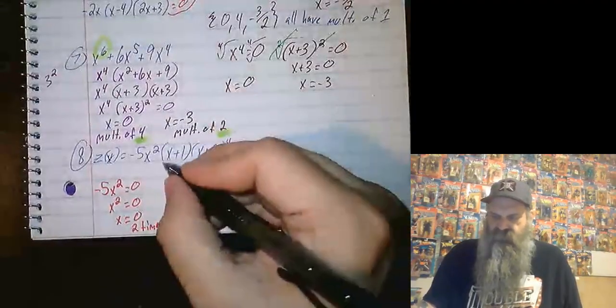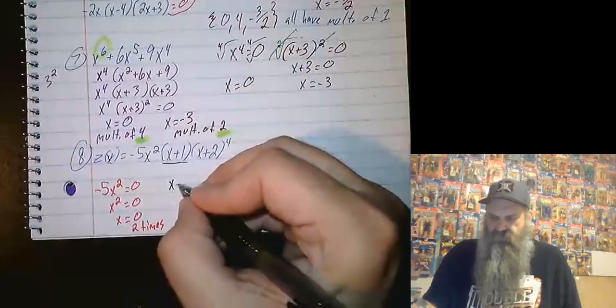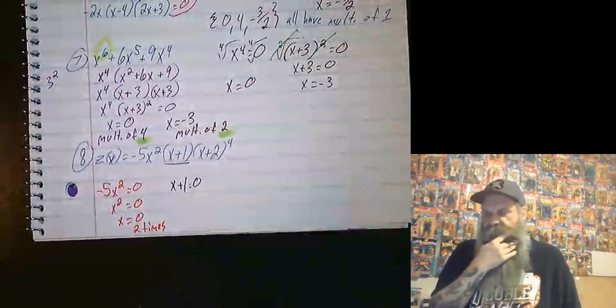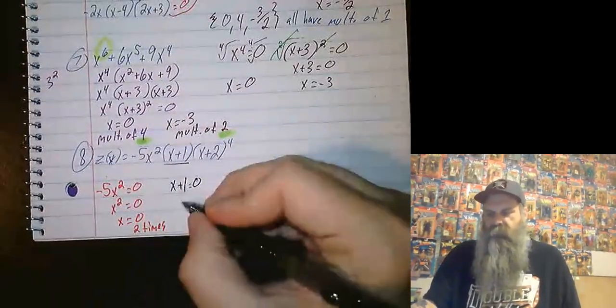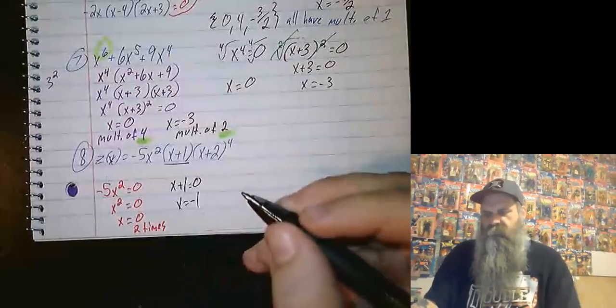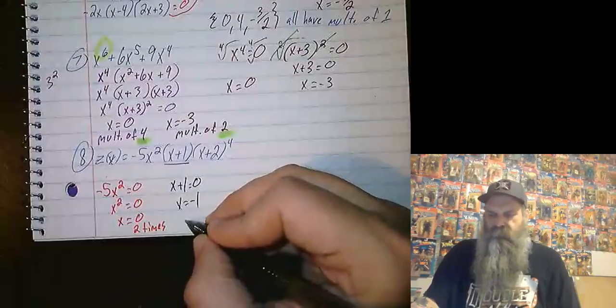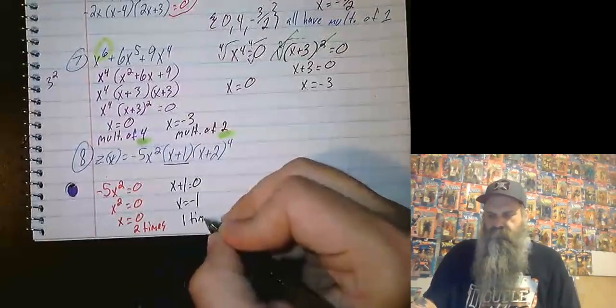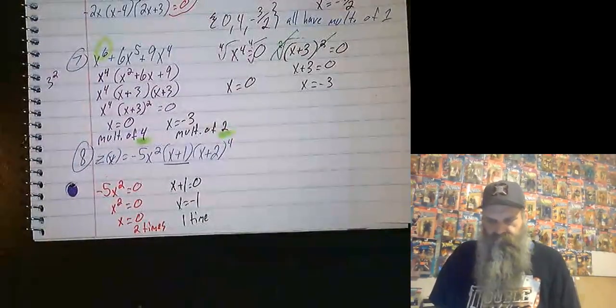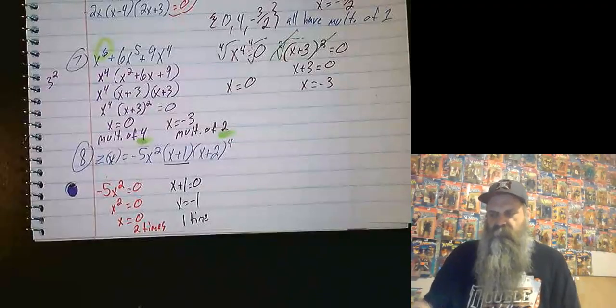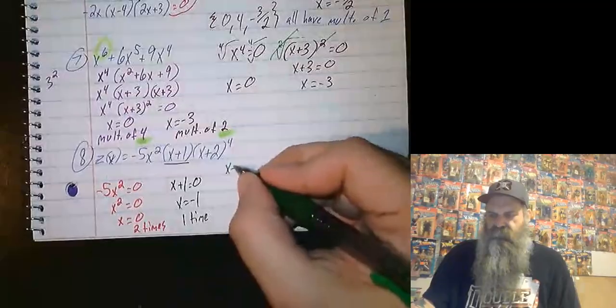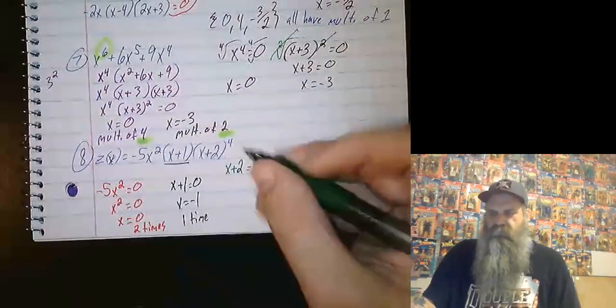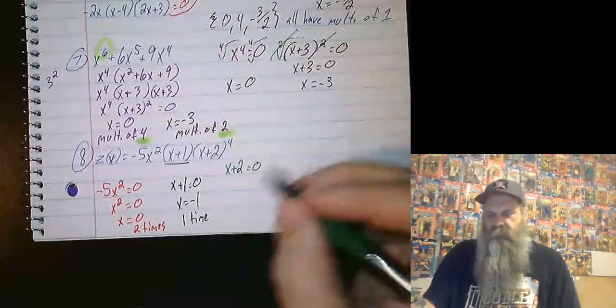Then we have x plus 1 as a factor. If that were set equal to 0, we would get x equals negative 1. And this is happening once, 1 time. And then I have x plus 2 to the 4th power.